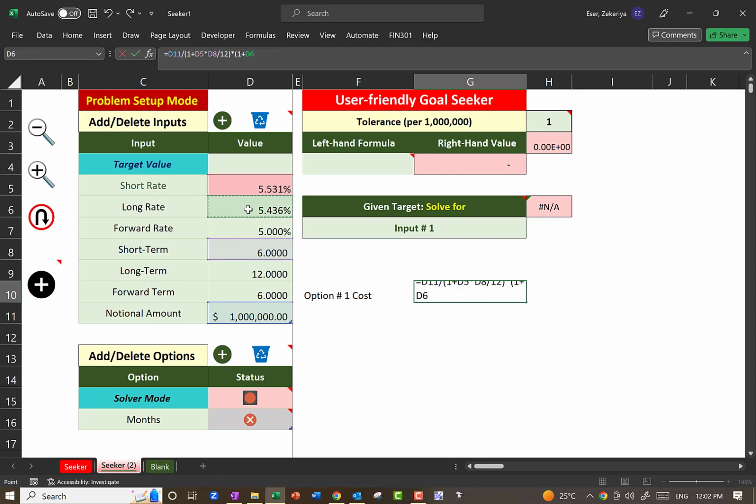Option number 3 cost. Take that notional. I know exactly how much interest I'm going to pay. Take the forward rate, multiply it with forward term divided by 12.